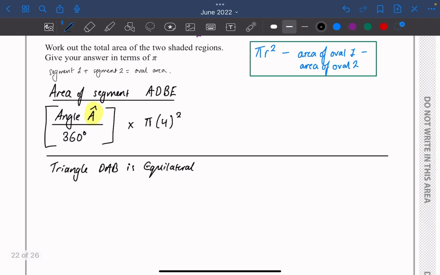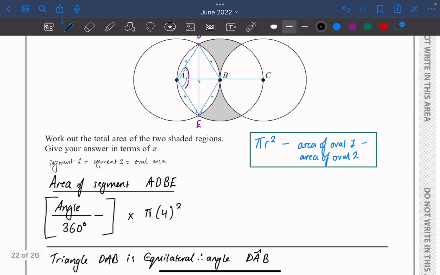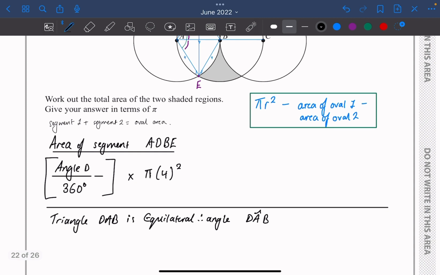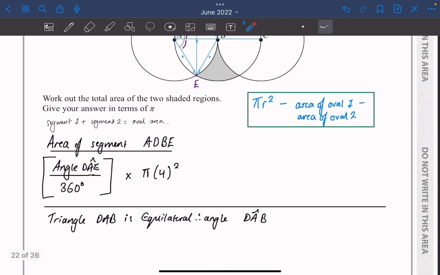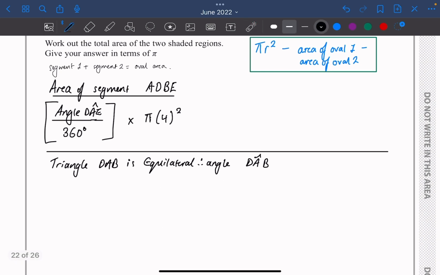So triangle DAB is equilateral. Just to be clear, let me call this angle DAE. Angle DAE is this, angle DAB is that angle. So therefore angle DAB is equal to 60 degrees.